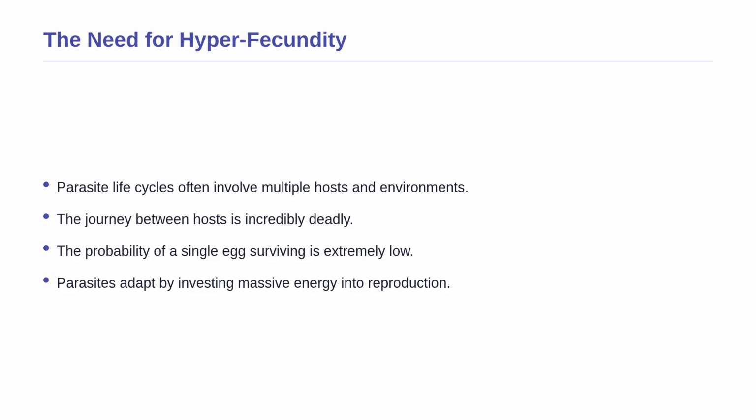An egg might dry out in the sun, or it might never be eaten by the right intermediate host. Because the probability of any single egg successfully completing this perilous journey is extremely low, parasites have evolved a strategy called hyperfecundity. They invest massive amounts of energy into reproduction, producing tens of thousands of eggs, just to guarantee that one or two offspring survive to continue the species.